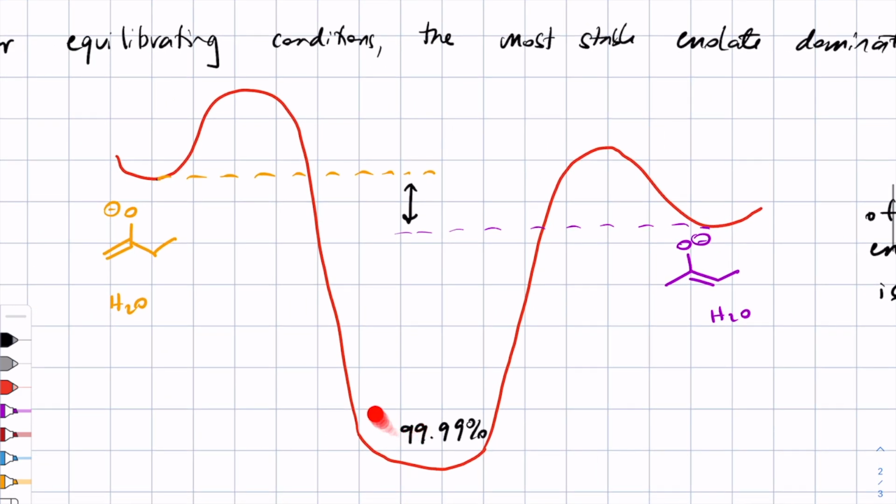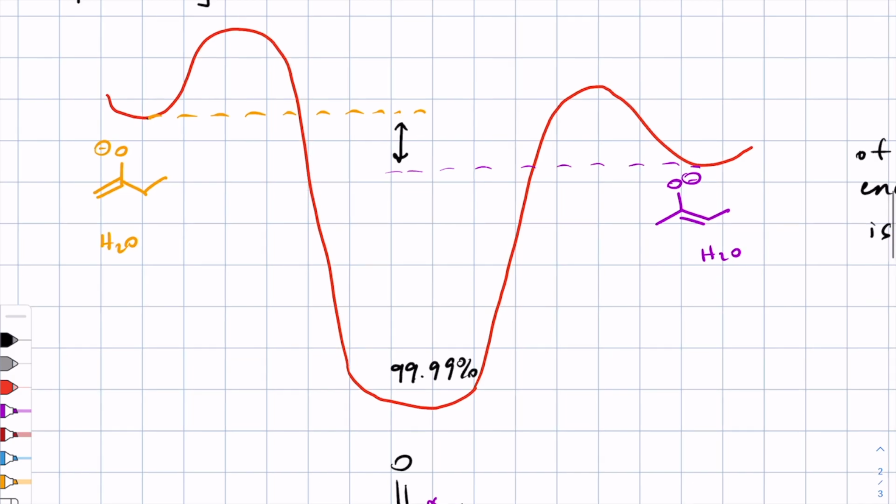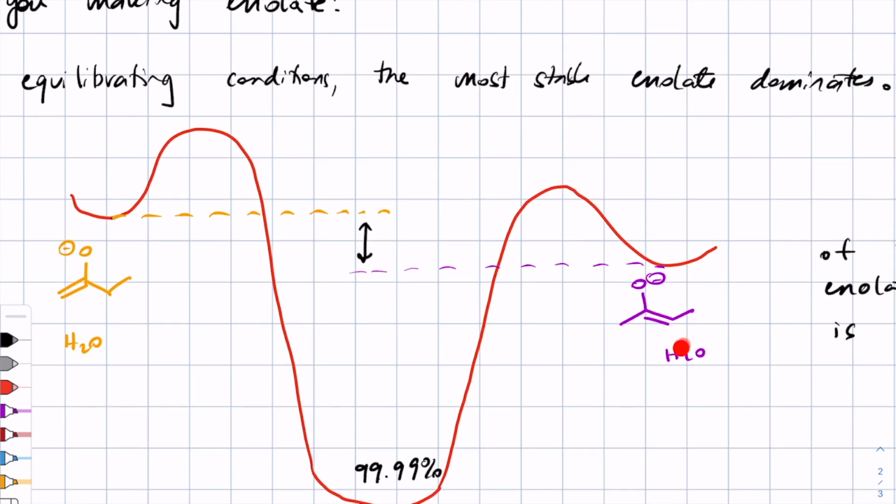If it's faster to form this enolate, that's okay. It's just going to go back to the starting material. And on average over time, the molecules are going to traverse this energy landscape in all possible directions. And so this enolate is in equilibrium with this enolate, which is in equilibrium with this starting material. You're going to have a very small amount of enolate, but most of it's going to be here. Okay?